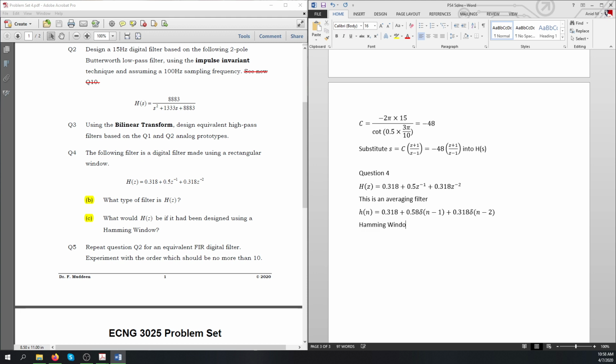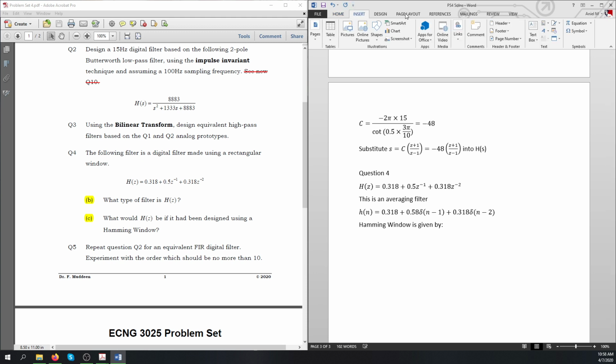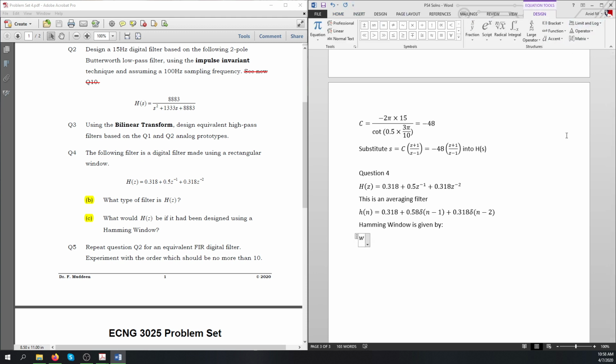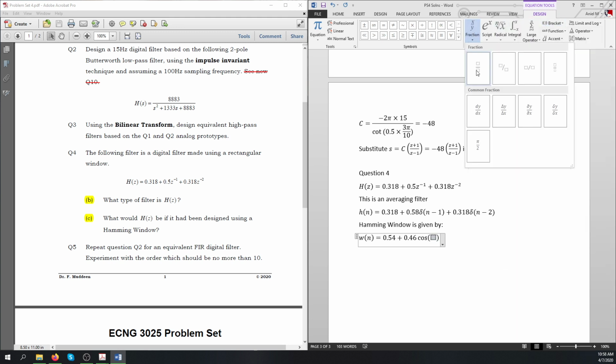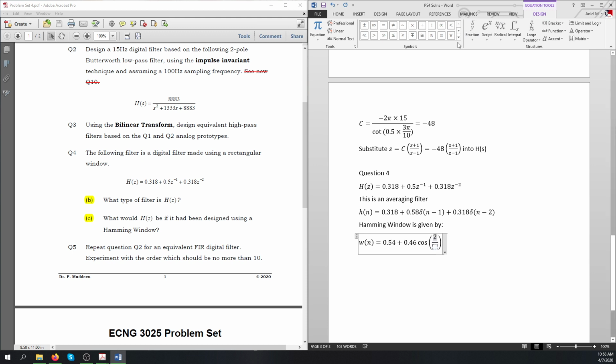The Hamming window, and typically is normally given to you, but you actually could just refer back to this in your notes, is given by w of n equal to 0.54 plus 0.46 cosine of 2 pi n divided by capital N minus 1.